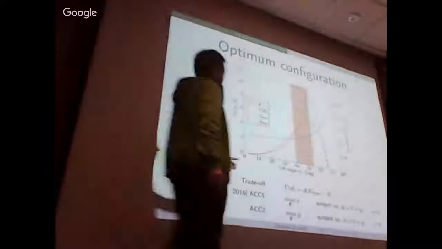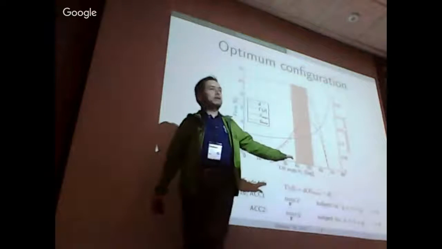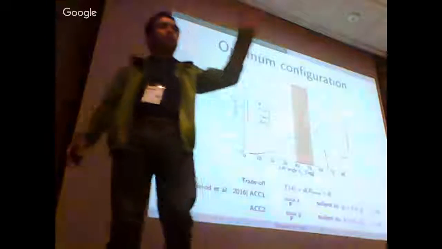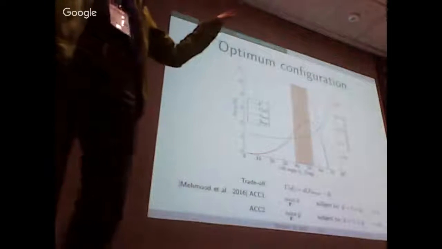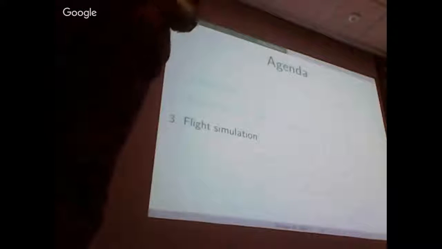The best performance we get is around the shaded area. So we use this value, the 40 degrees of leaning, to reconfigure the robot and test it on a flight simulation.